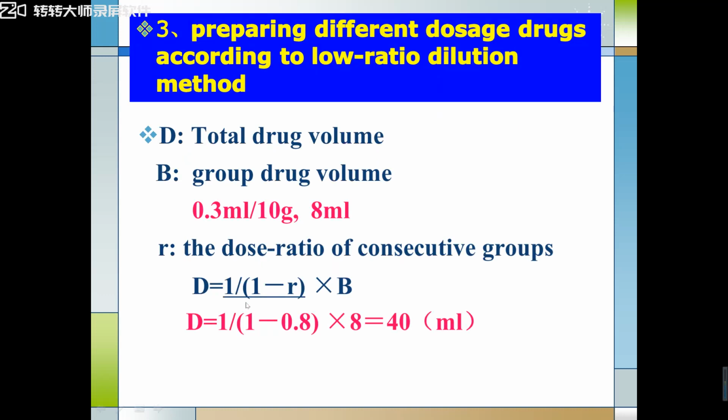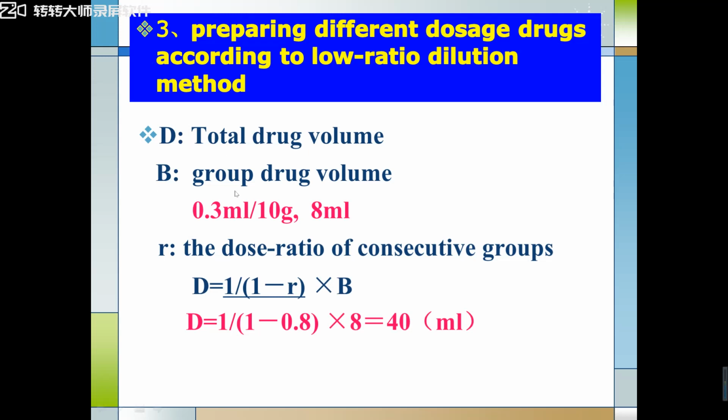Next step, preparing different dosage drugs according to the equal ratio dilution method. Just now we obtained the dose ratio of 0.8. D is the total drug volume.